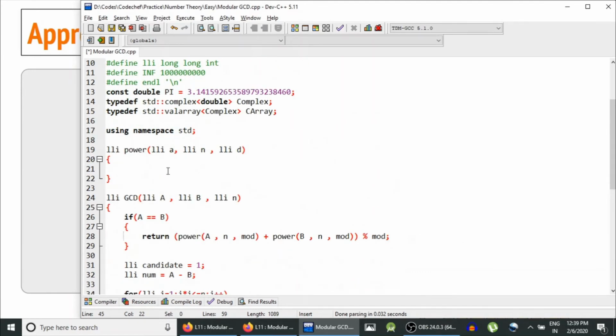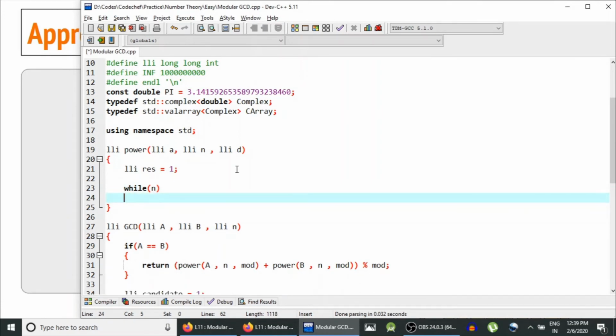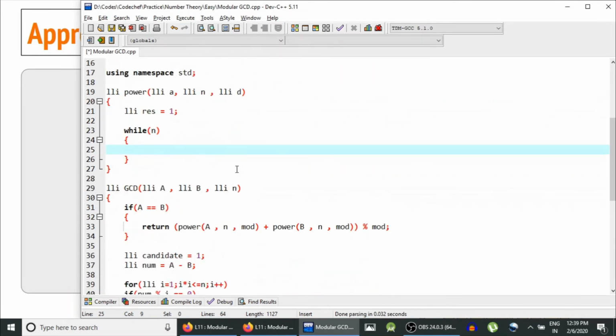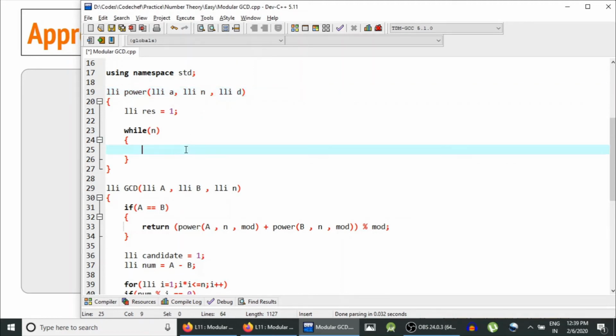Now the power function. You remember this is while n is greater than 0, and this is nothing but binary exponentiation function, and now we are using it as exponentiation with modulo, or basically modulo exponentiation.